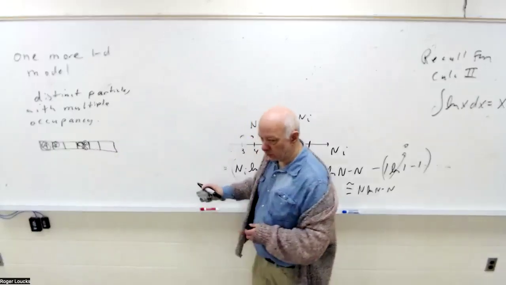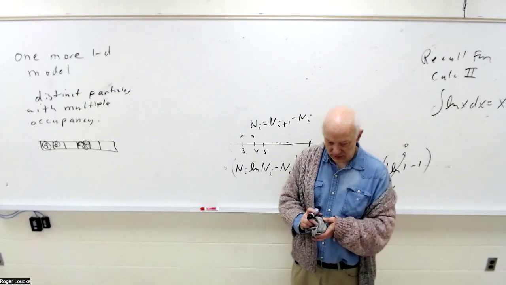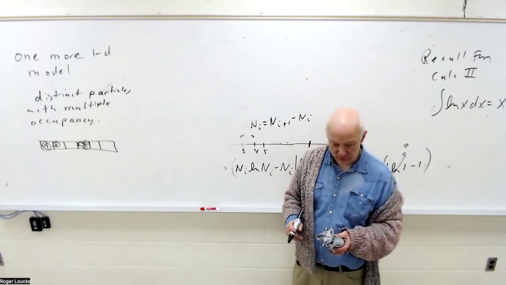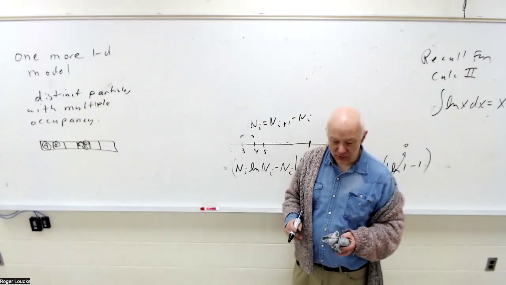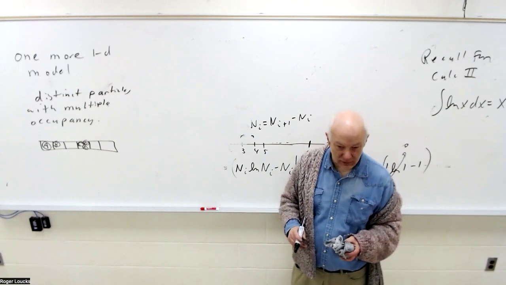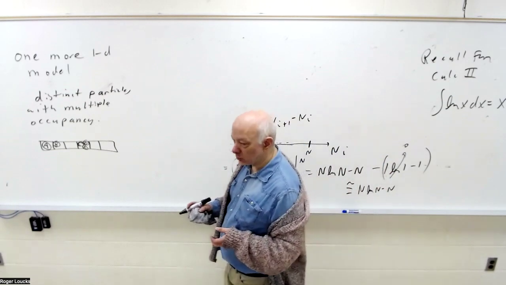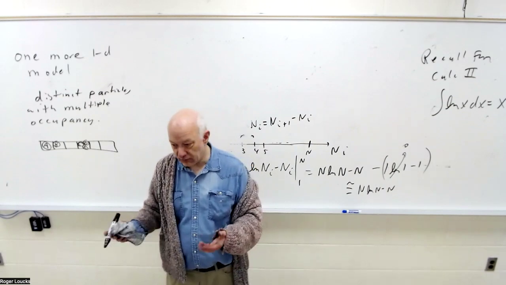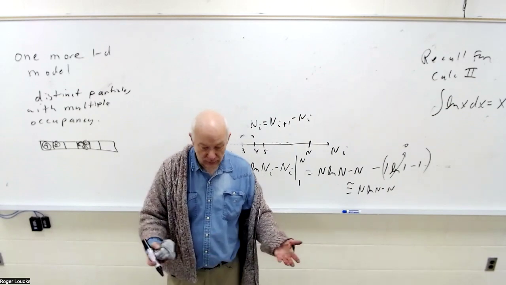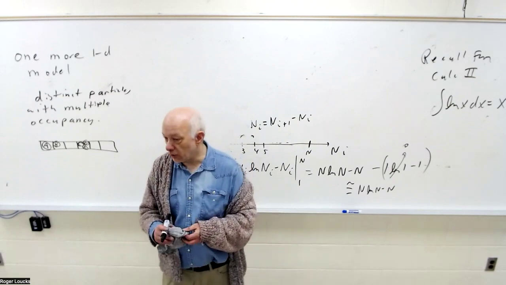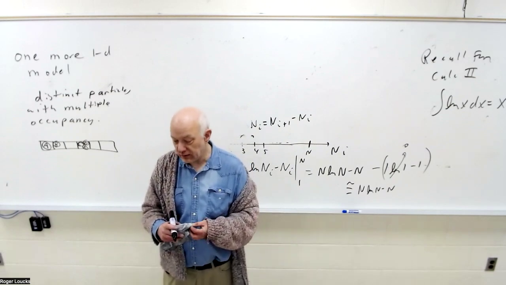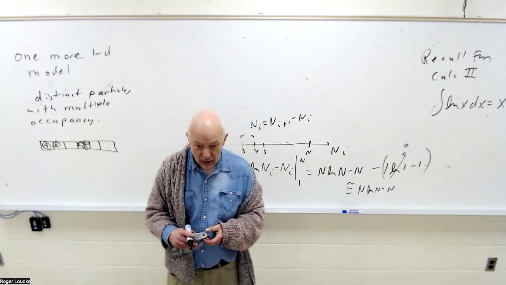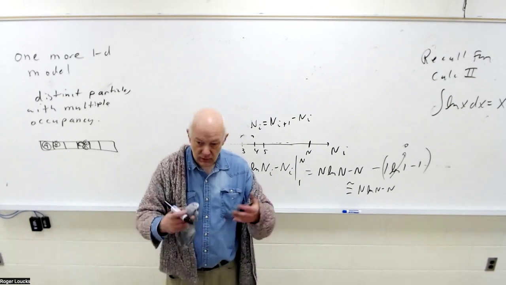What do you think our last models will be? It has to do with the distinguishable. Indistinguishable. They're going to become indistinguishable. Exactly. And then the indistinguishable particles that can be multiple occupancy are going to become our buddies, the bosons. And the particles which are indistinguishable but not multiple occupancy are going to become our buddies, the fermions.